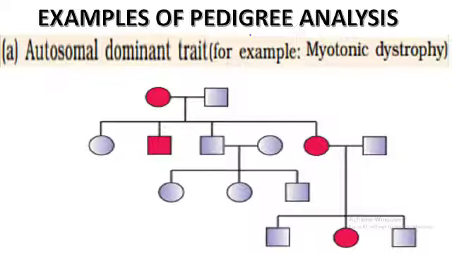Next, a daughter marries a normal man. Again in the next generation, a daughter is affected. This means that if the trait is dominant, one allele is sufficient to express the character, and in an autosomal dominant trait, the character is expressed in every generation.